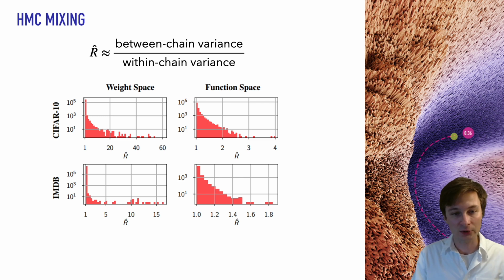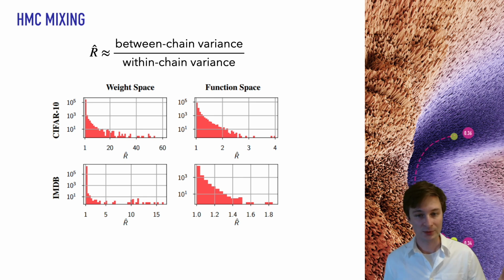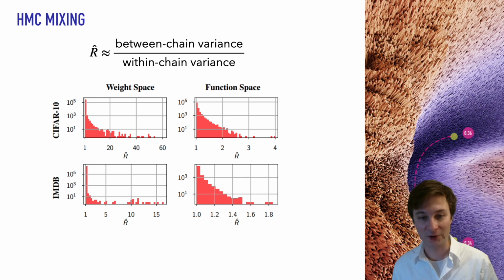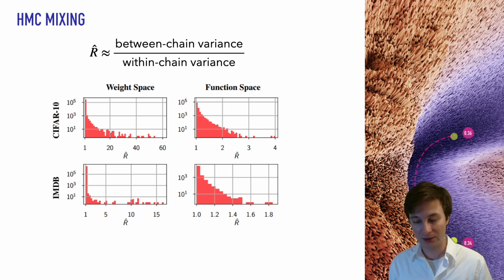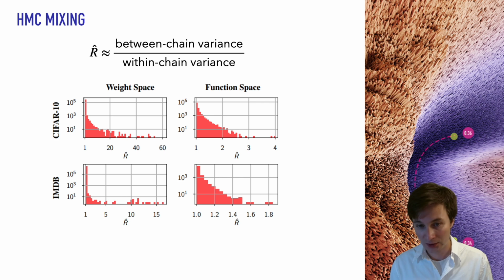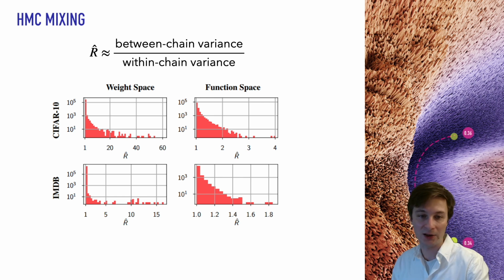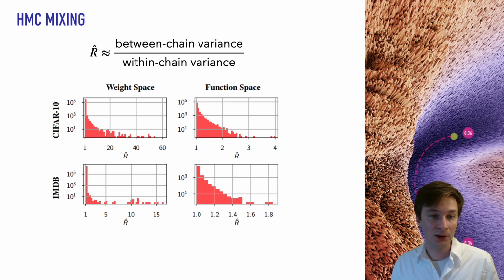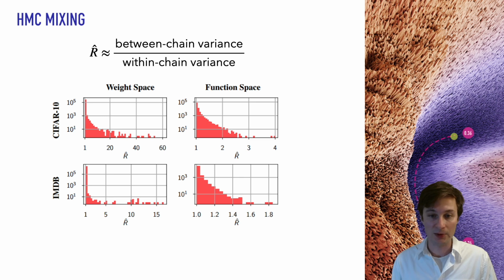There are still outliers, especially in the weight space. We have some weights which we don't explore very well. So this method is not perfect, but we are seeing pretty good exploration. Especially in the prediction space, our R hats are pretty close to 1, both on CIFAR and on the text classification dataset IMDb.